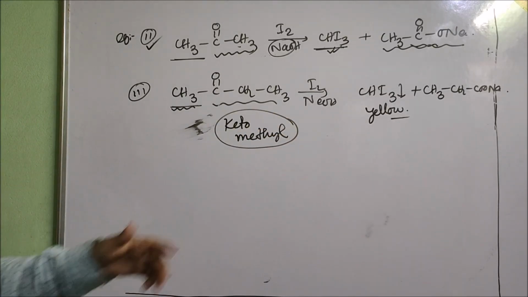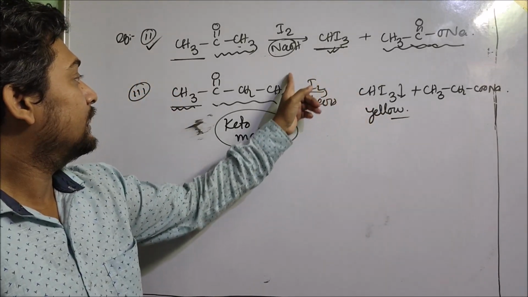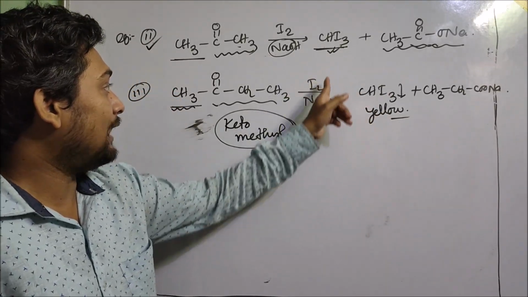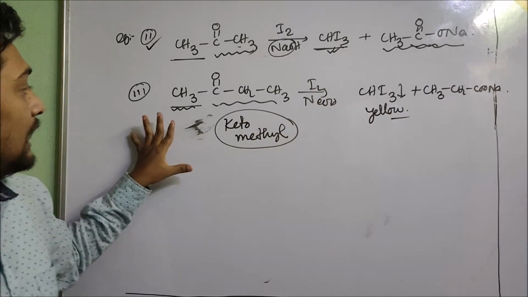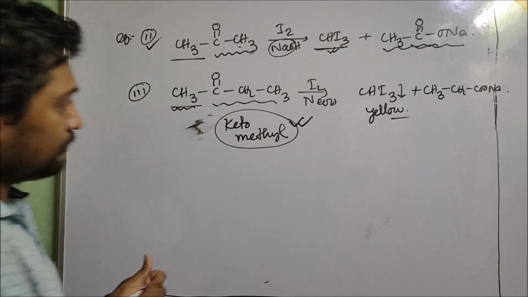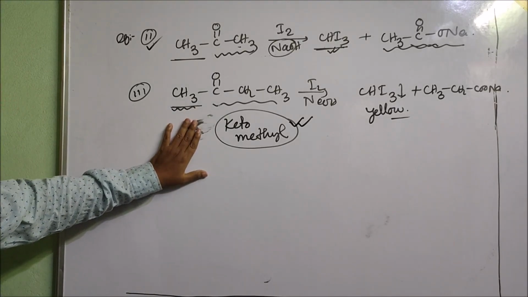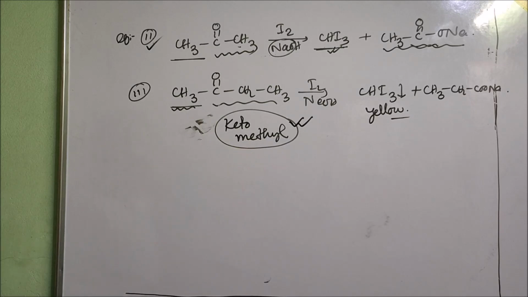If we have a yellow precipitate in the presence of iodine and NaOH, then the compound contains a keto-methyl group. So this iodoform test can be used to identify a keto-methyl group.